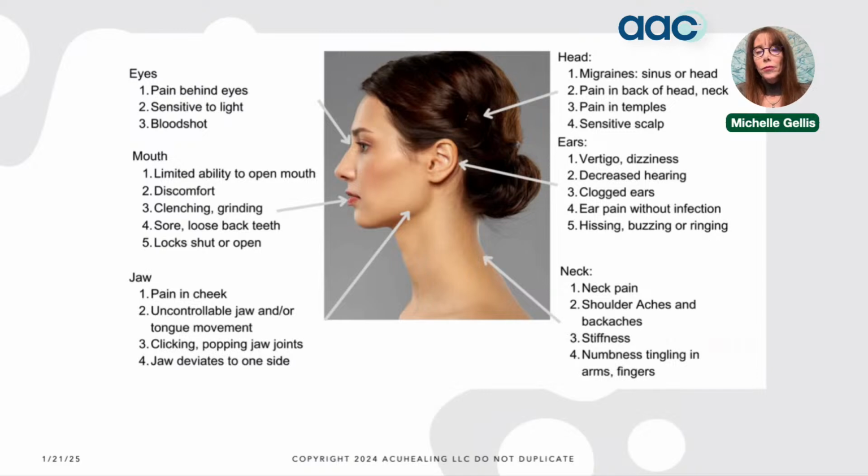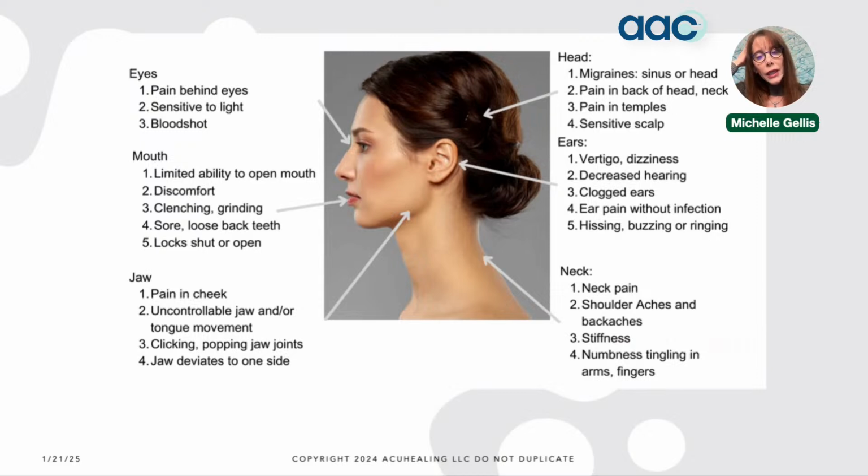TMJ can manifest as many different things, not just in the jaw area. People can have pain behind their eyes, different issues with their eyes. They can have limited ability to open their mouth, clenching, grinding. They can have sore teeth.